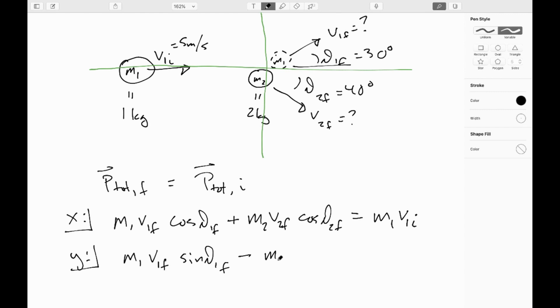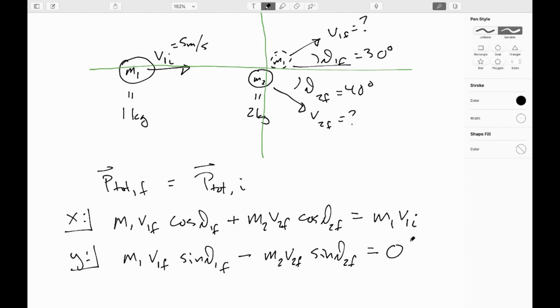And the total momentum would be m2 v2 final, but again we need to take just the y piece of that, so it'll be sine theta 2 final equals, well, since we chose our coordinate system so that the object was moving initially purely along x, there's nothing along y, and so that's equal to 0.